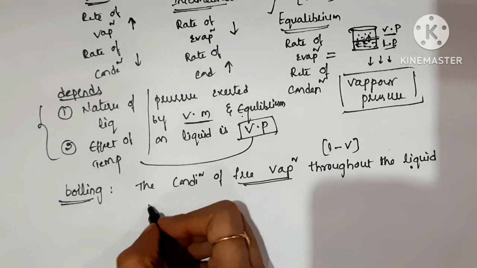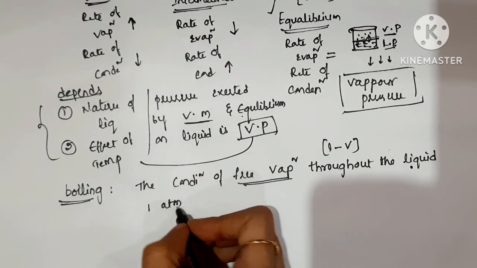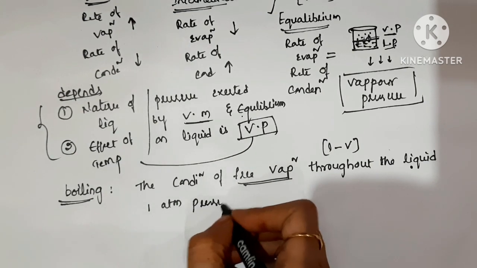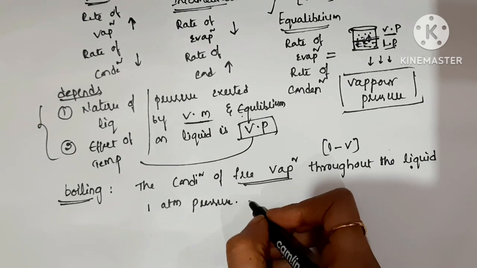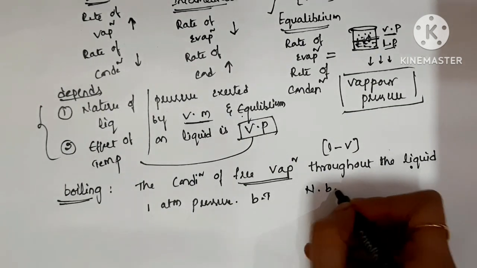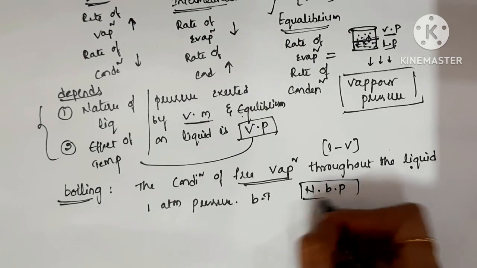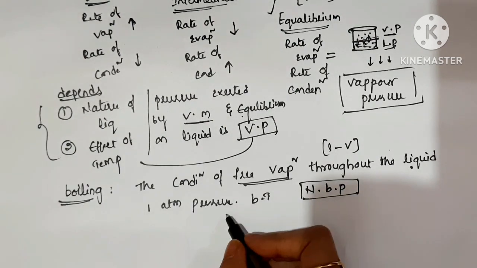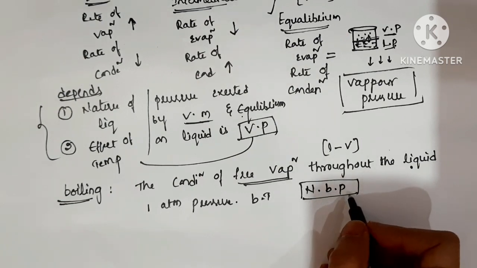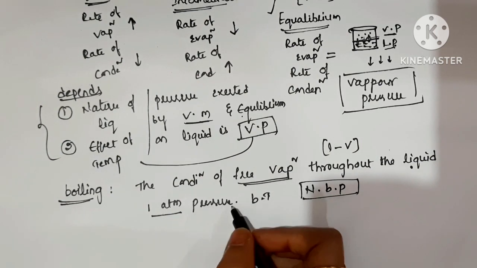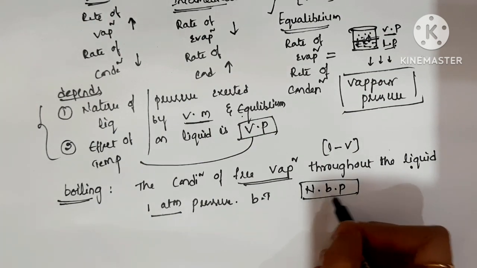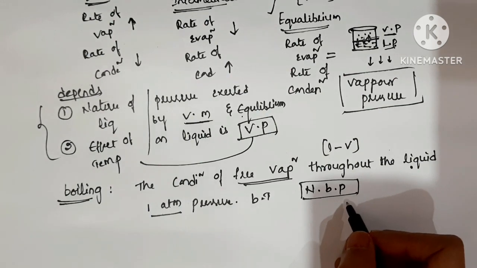Generally, at 1 atm pressure, the boiling temperature is called the normal boiling point. At 1 atm atmospheric pressure, the boiling temperature is the normal boiling point, right?